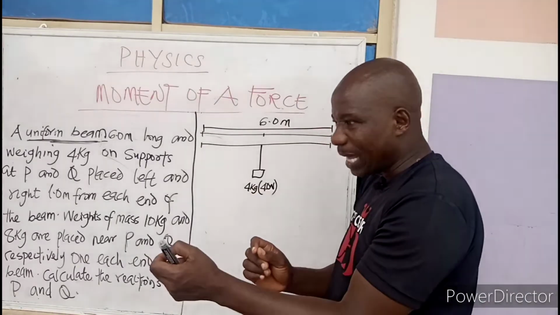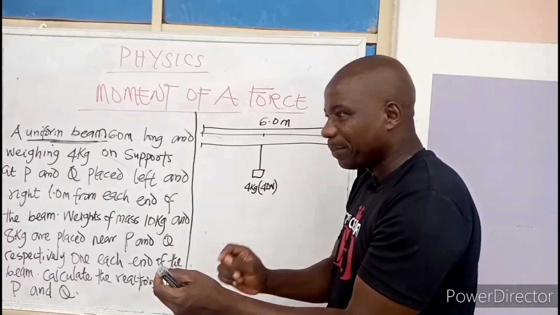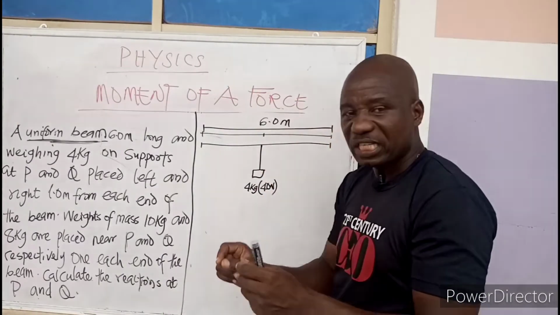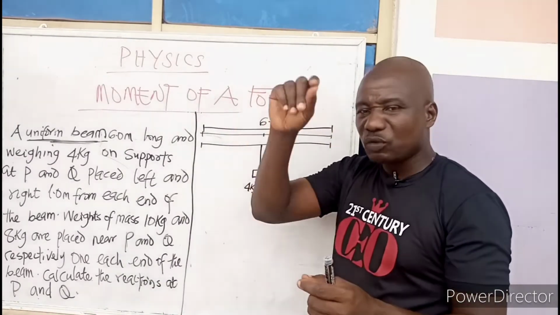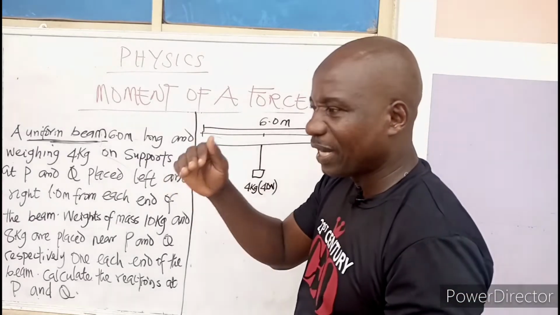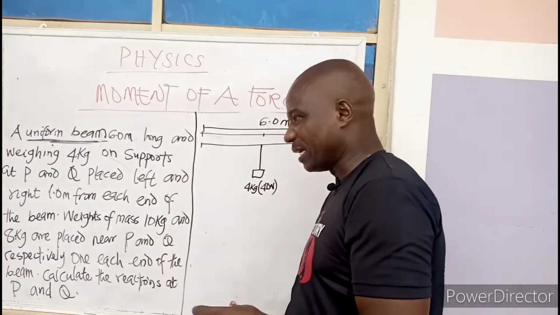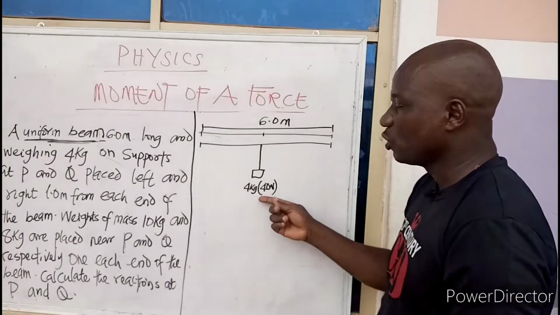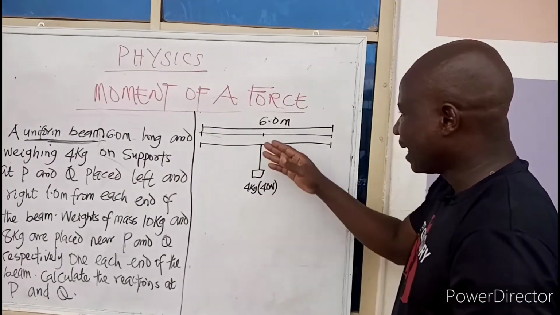You must not multiply gram by 10. If you do that, that is a foul. You first of all convert it to kg before multiplying by 10. But thank God, here we have been given in kg. So we just need to multiply by 10. So that is the mass.